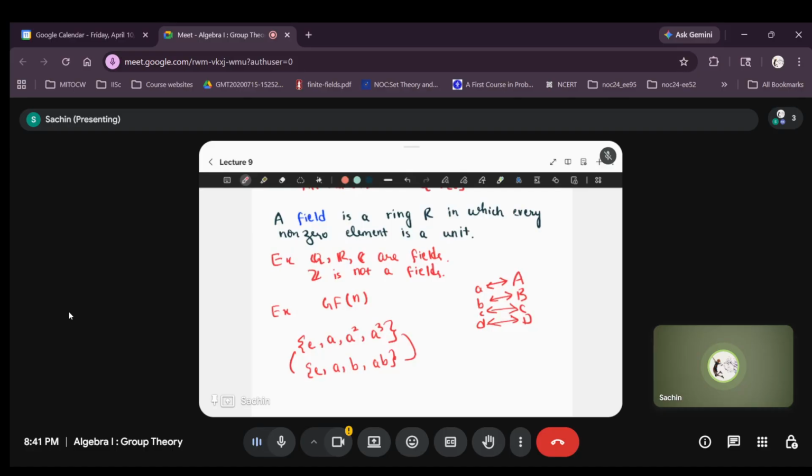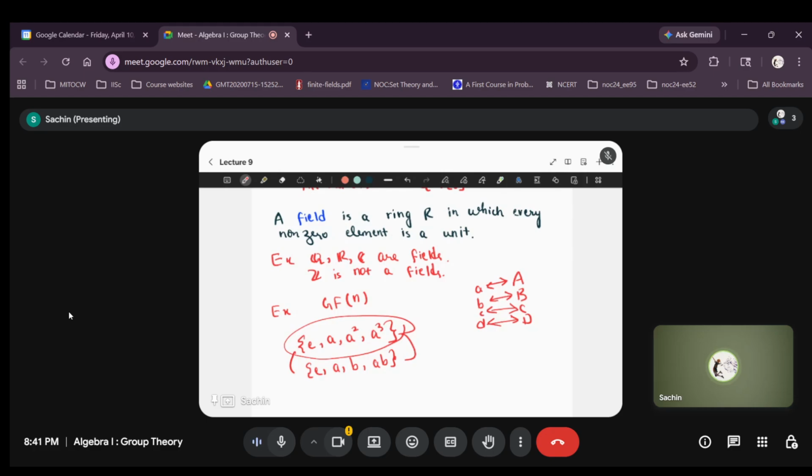That is true for groups. But when you come to finite fields, there is only one structure. All finite fields of the same size are isomorphic to each other.